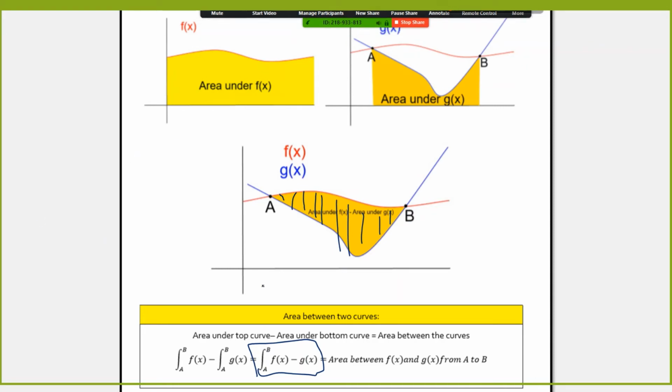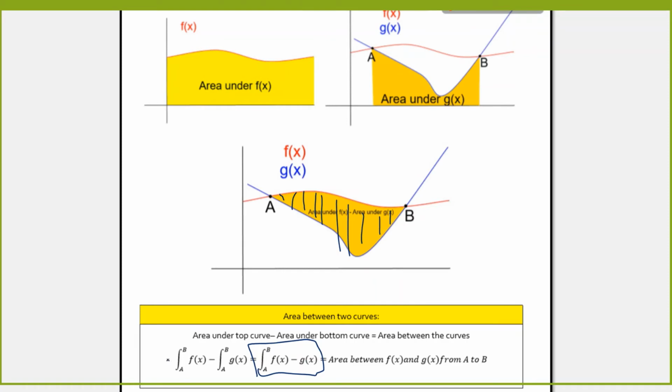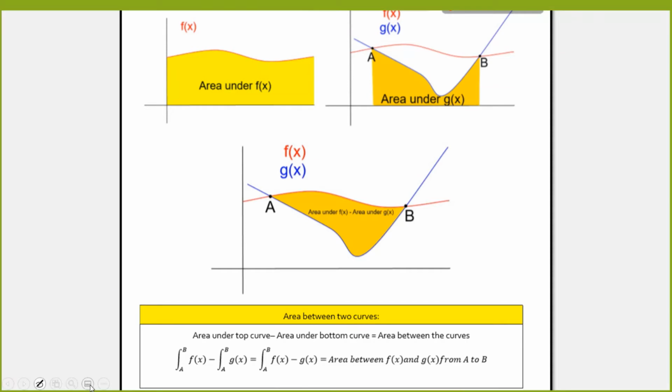I can't see what this says. It says A and then B, f of x minus g of x. Oh yeah, I can see it now. It's okay. Okay.